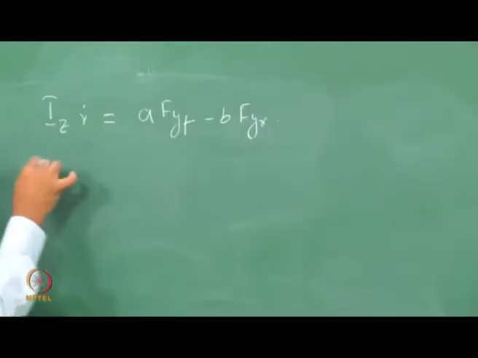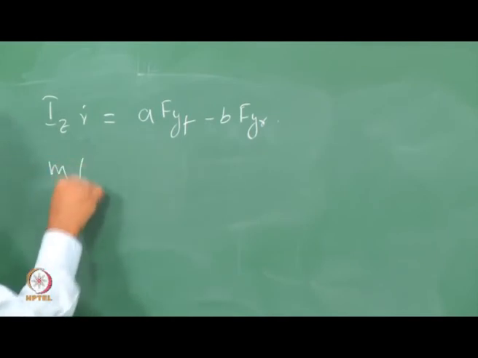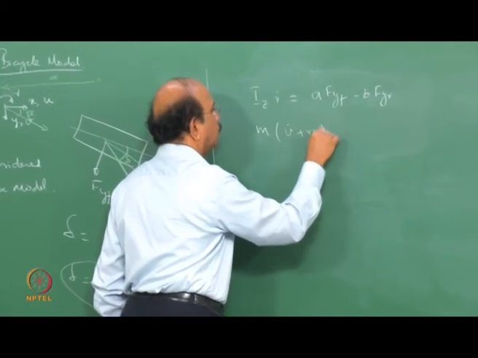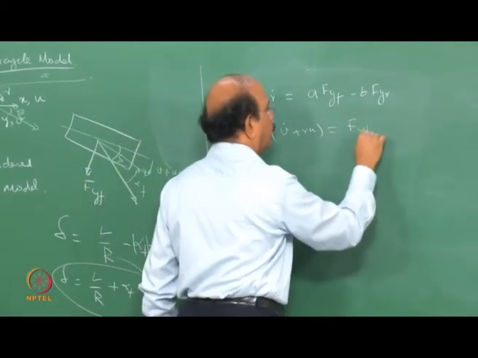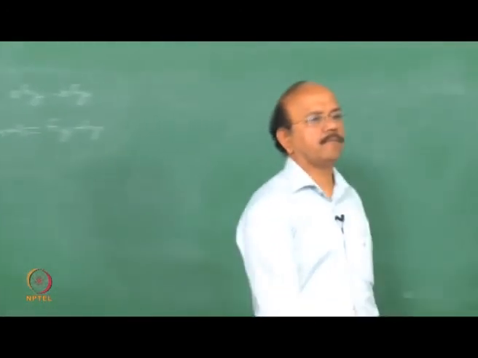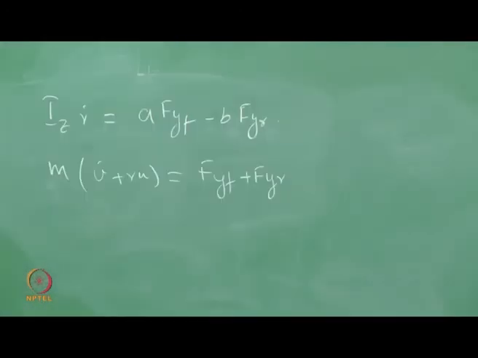And what's the second expression we wrote? M into v dot plus ru is equal to fyf plus fyr. This is what we wrote.